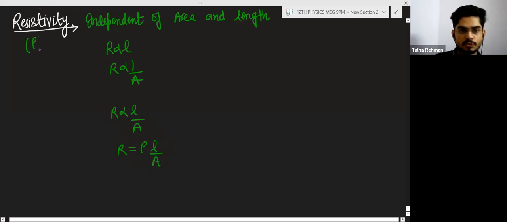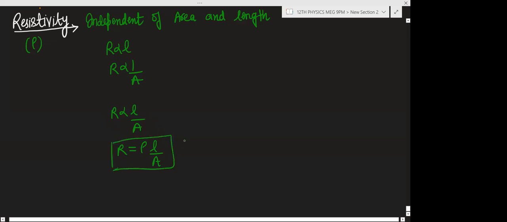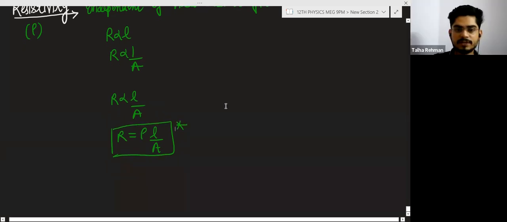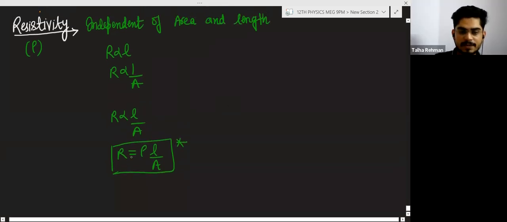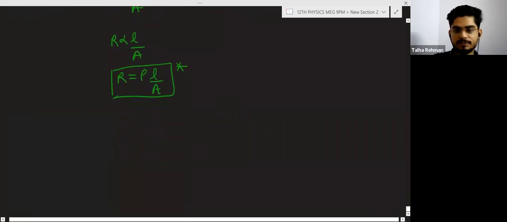So resistance can be written as R is equal to rho L by A.